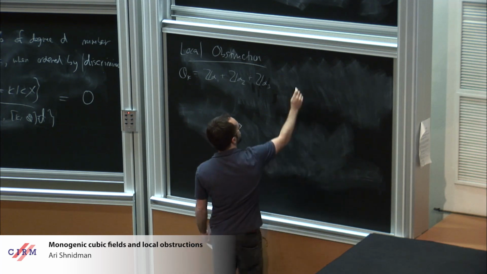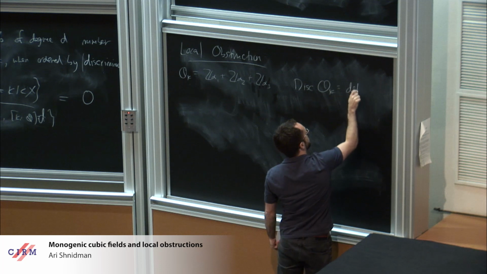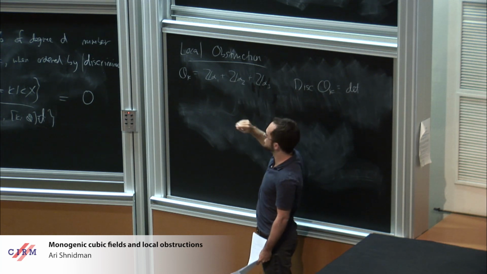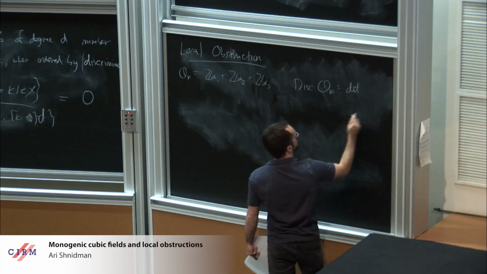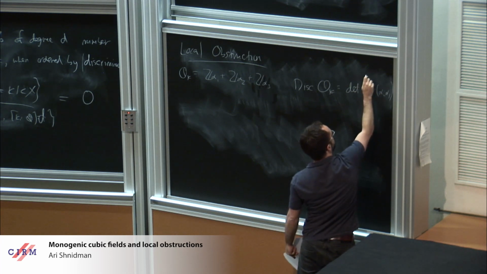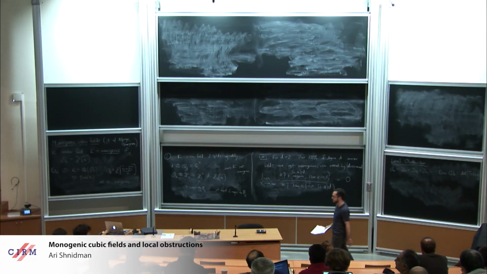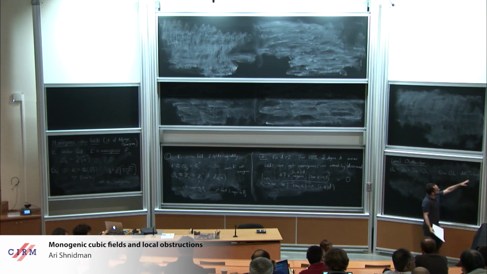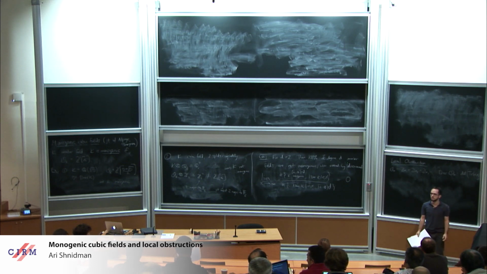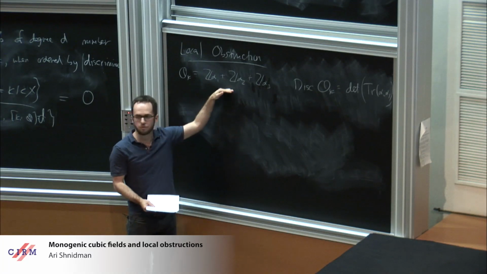If I want to compute the discriminant, then the discriminant is the determinant of the trace form on this ring, and I can compute it in terms of this basis. So it's the determinant of this 3 by 3, in this case, because now I've started to only talk about cubic fields, 3 by 3 matrix, where I look at the trace form. And this works for any cubic ring that's finite rank, rank 3 over Z.